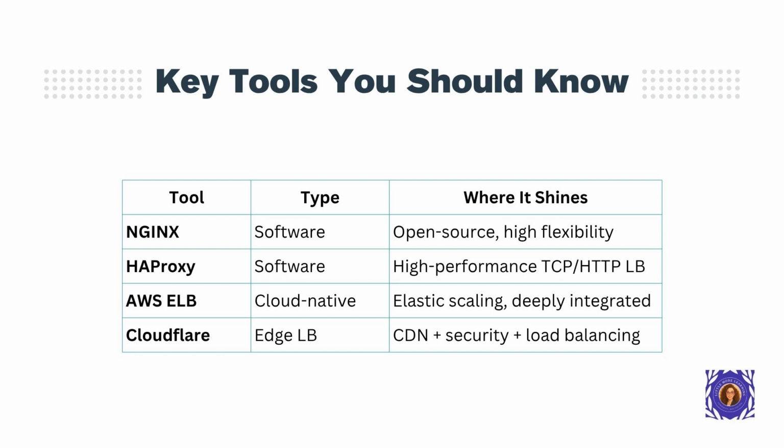Cloudflare, while primarily a CDN and security provider, acts as a powerful edge load balancer, directing traffic globally, providing DDoS protection, and enhancing performance right at the internet's edge. The optimal tool choice depends on your specific scale, budget, and the level of control and features you require.